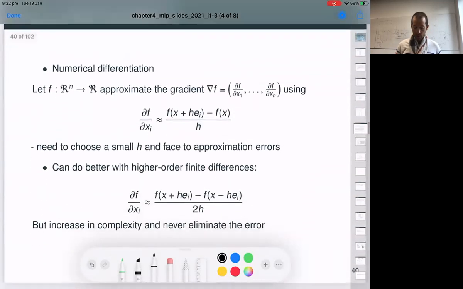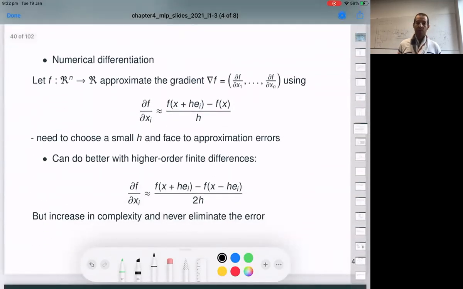So, as we have seen with Sarat yesterday, there is numerical differentiation. You know this definition: if you have a function from R^n to R, you can compute the gradient using this formula. You need to numerically specify a small h to get an approximation error as small as possible, but you still have an approximation there.